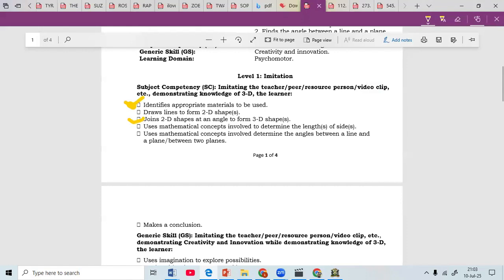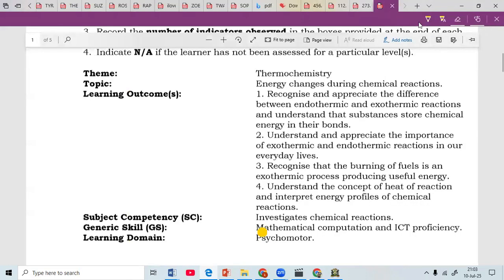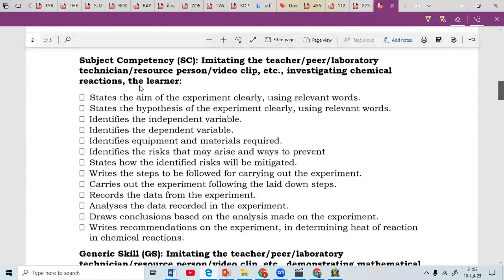Still the same thing has happened. You come and note that now the child here can state the aim of the experiment. That the child here can be able to state the hypothesis. The child can be able to do this.